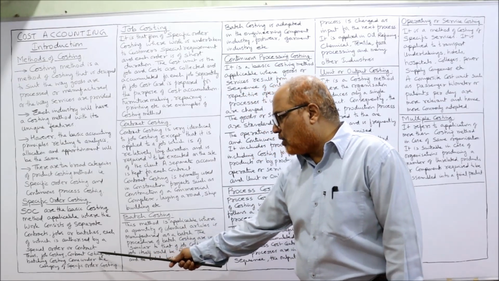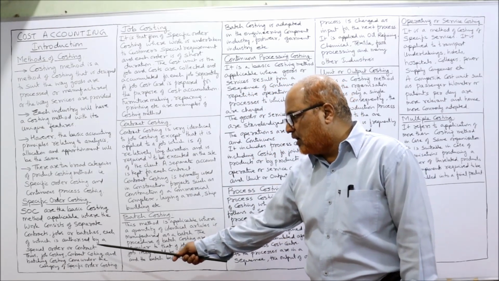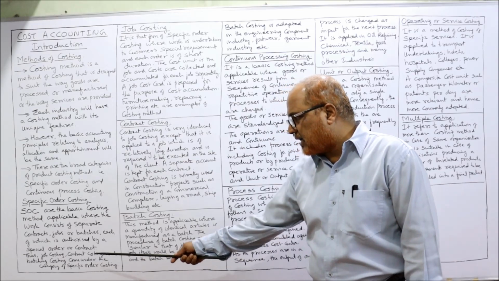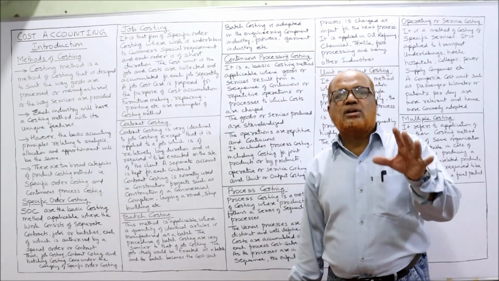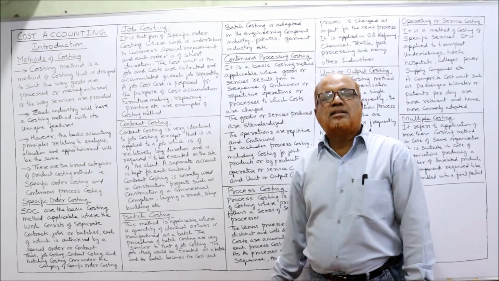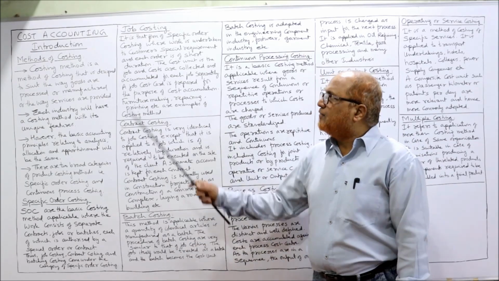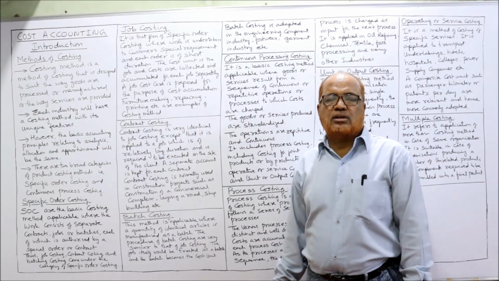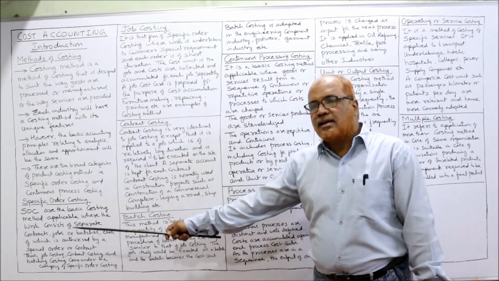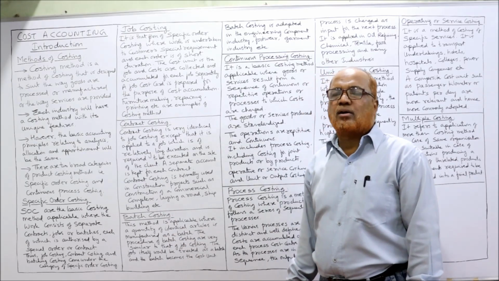Thus, job costing, contract costing and batch costing come under the category of specific order costing. These three methods come under this category.